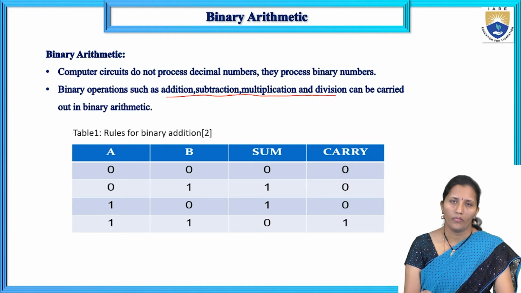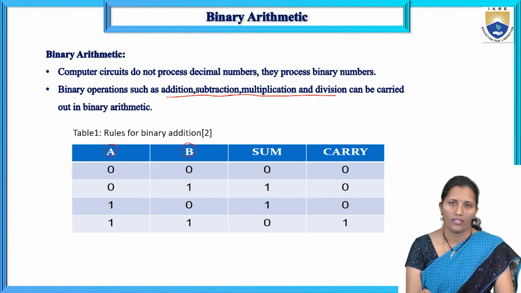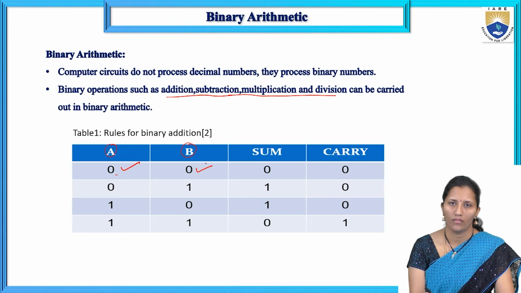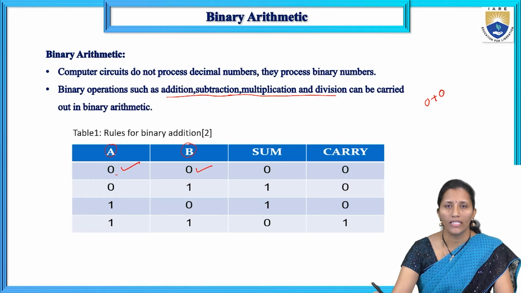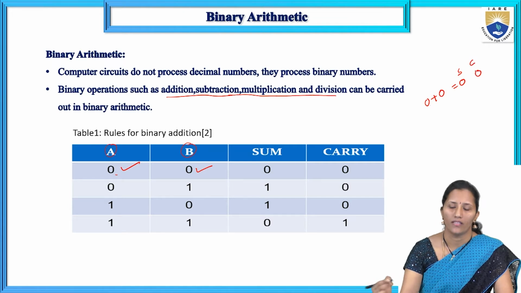Before discussing binary addition, we have to know how to add two one-bit binary numbers. If A is 0 and B is 0, in binary each digit can be represented by either 0 or 1. So 0 plus 0, the sum is 0 and carry is 0.